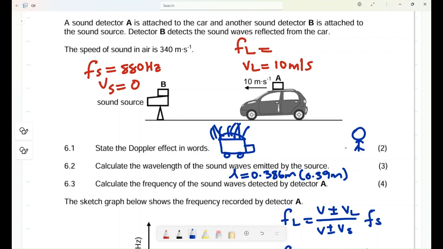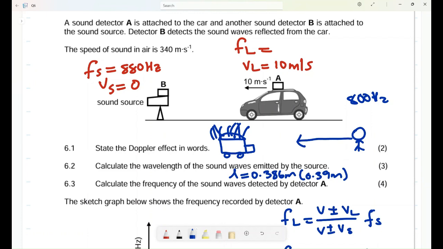Let's say I hear a frequency of 800 hertz. But as I move, because now I'm curious what's happening, why is there an ambulance there? I'm approaching the ambulance to see what's happening.